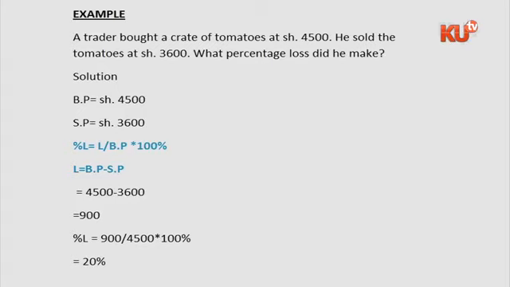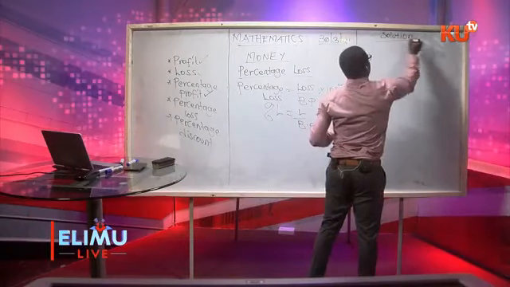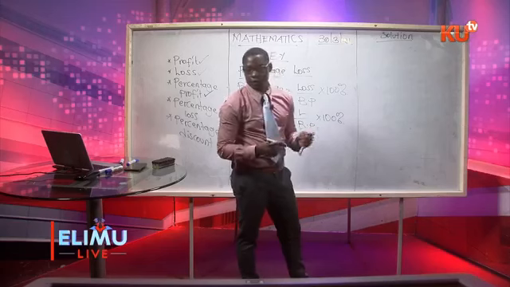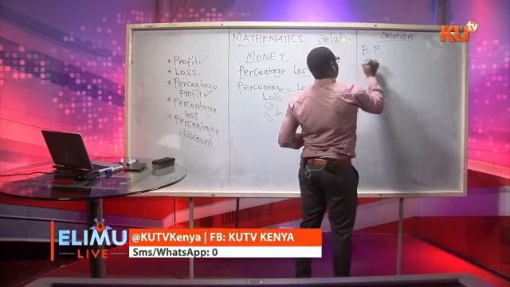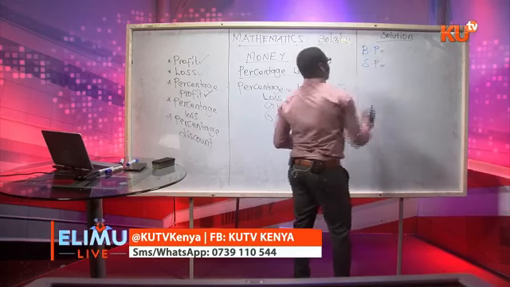So we calculate that. Now to the solution of this question. For you to have the solution, you first of all have to identify the buying price, if it's there, and identify the selling price, if it's there.